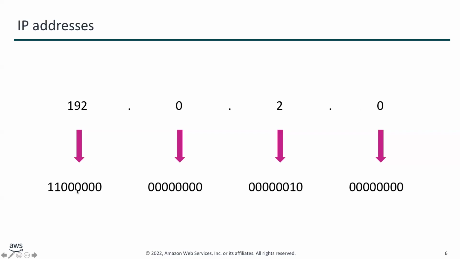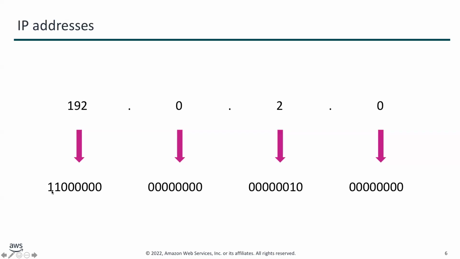Similarly 2, 3, 4, 5. Up to here it's all 0. Now bits 6 and 7 are 1, 1. That means we'll add 2 to the power 6 plus 2 to the power 7, which basically means 192.